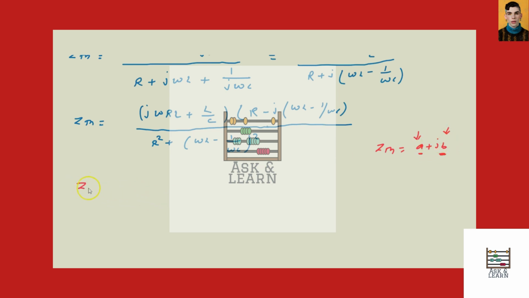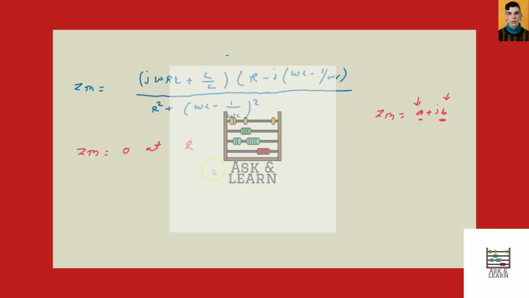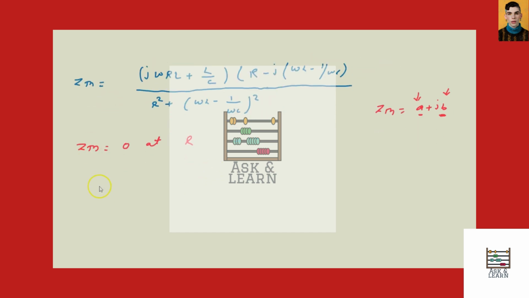So the imaginary part of ZTH equals 0 when the circuit is resistive. Okay, so put the imaginary component equal to 0.